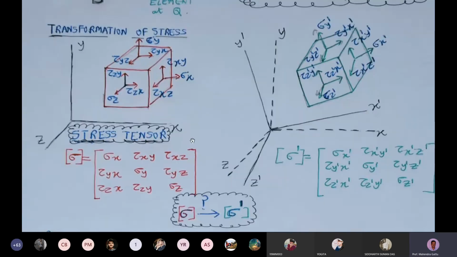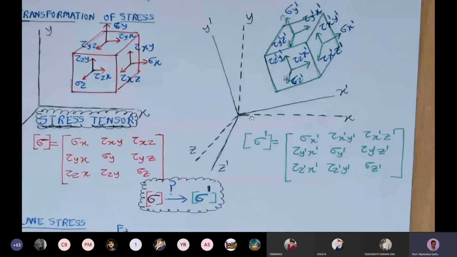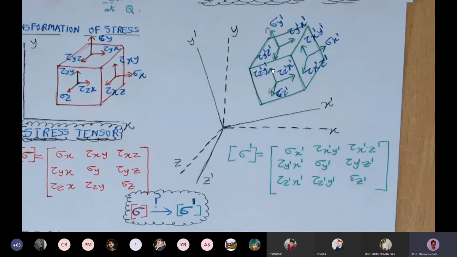Now, what will happen if we choose a coordinate system which is different from this coordinate system? So let's look at this coordinate system which is rotated, and we have x prime here, y prime here, and z prime. So again, at around point Q, we can draw a cuboid, or we can draw a cube.